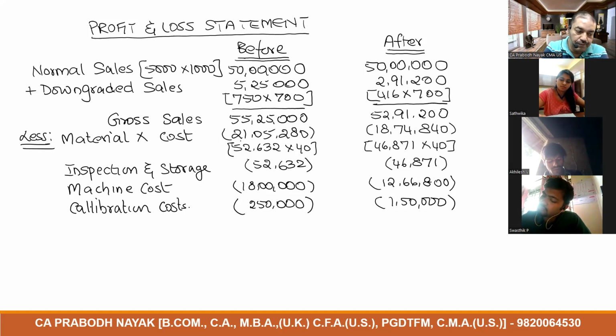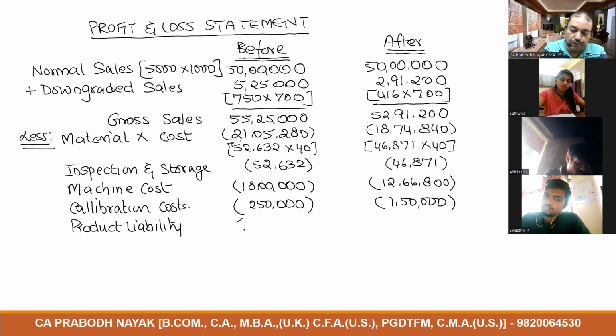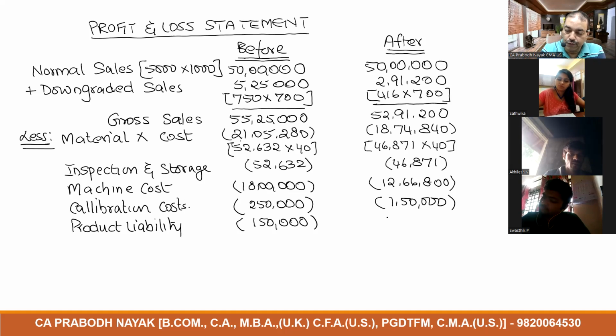Product liability, 3% and 1%. 3% will come to 1,50,000. 1% will come to 50,000.